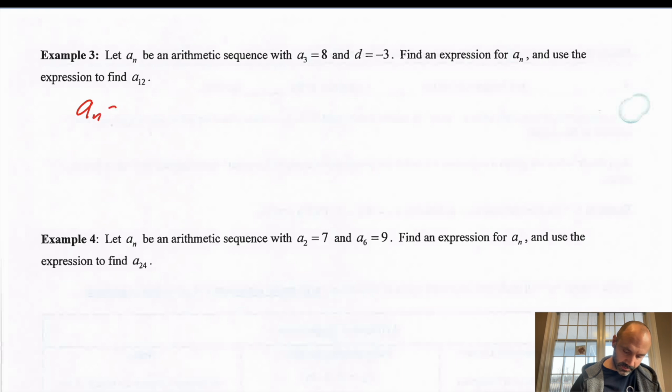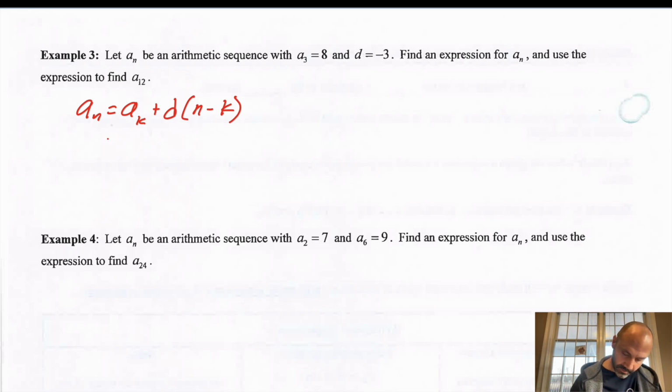A sub n equals A sub k plus D times n minus k. All right, so what we're using here for k is 3, because that's the term that we have.